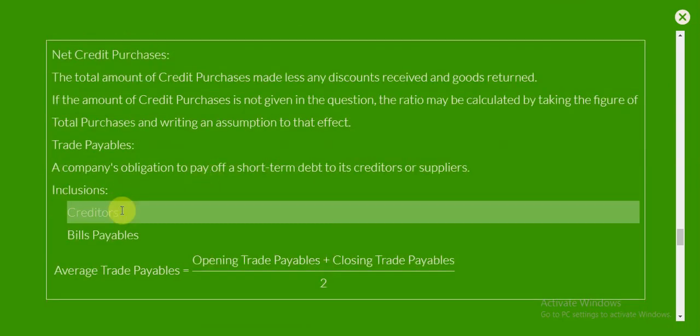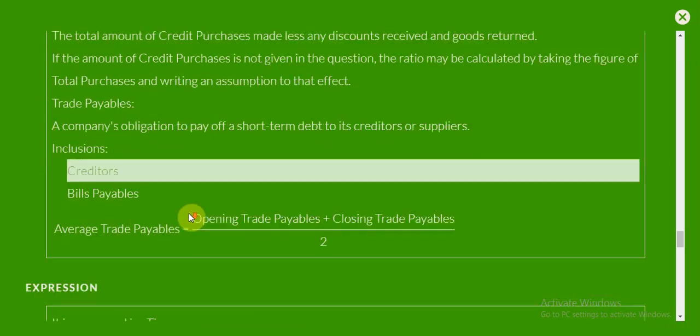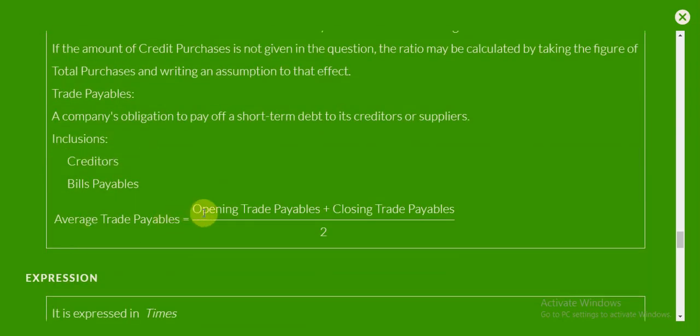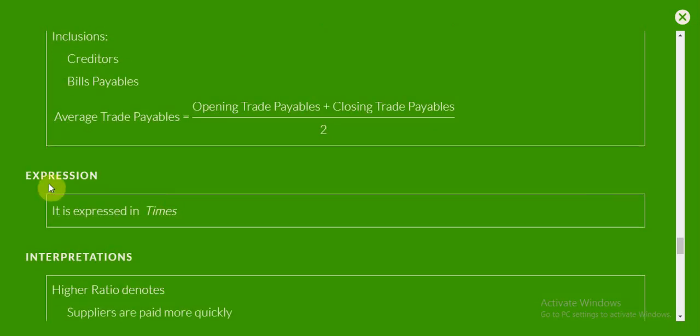Trade payables includes two things, that is creditors and bills payable. Average trade payables is a formula that we very well know: opening trade payables plus closing trade payables divided by 2, and it is also expressed in times.